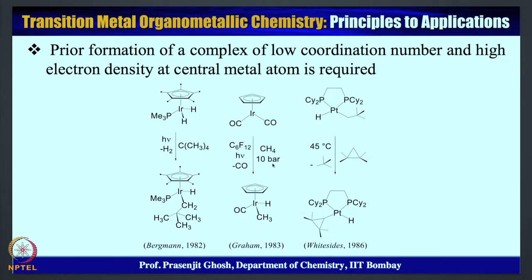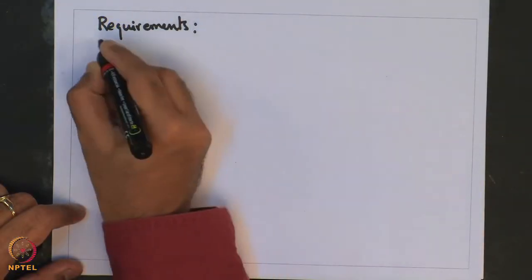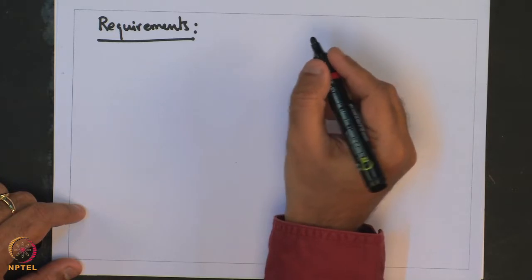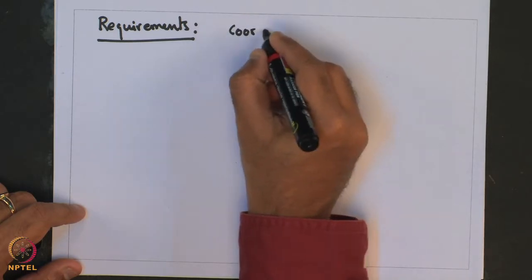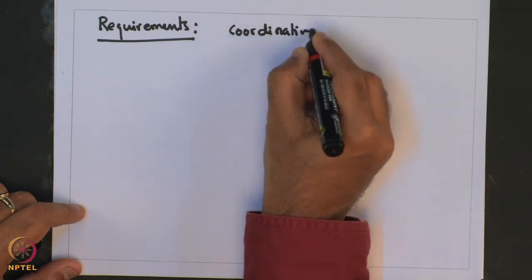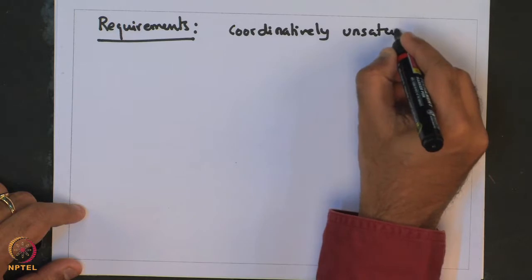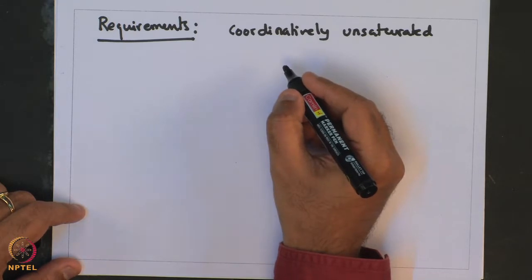Now, as for the formation of sigma alkyl complexes leading to CH activation, the prior requirements are that the transition metal complex has to be coordinatively unsaturated, so that there is room for addition of the alkane to the transition metal.